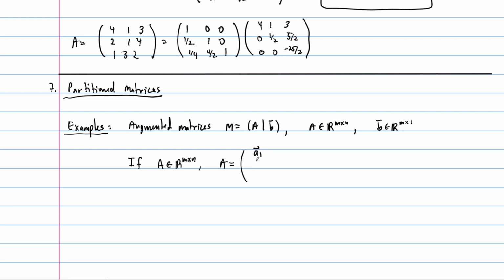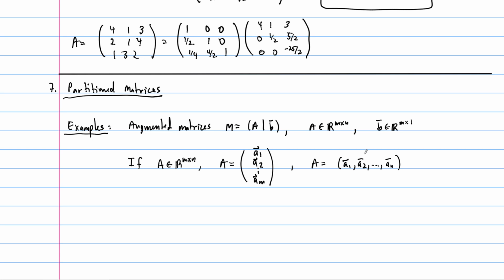This would go to A_m, a column of its rows, or we could write A as a row of its columns. And then there would be n columns, right? Either one of these can be thought of as a partitioned matrix as well, because the entire matrix itself is m by n, but if you divide it up into its rows, you end up with a vertical column vector. And if you divide it up by its columns, you end up with a horizontal row vector, at least in how you can write down the matrix itself.